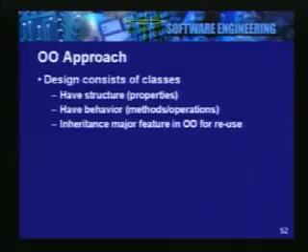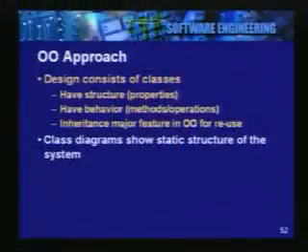It has not only a new notion of a class as a unit for organizing the processing as well as the structure, but it provides a concept of inheritance which allows us to reuse the software from other existing components. We use class diagrams to show the static structure of the system.